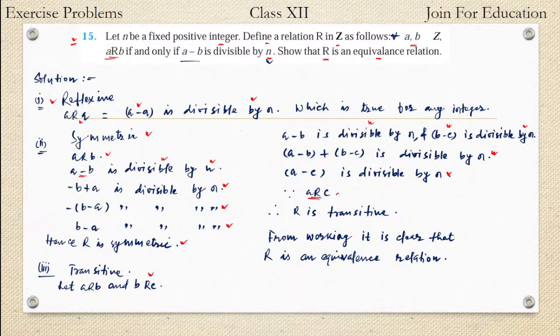Therefore a is related to c. So R is transitive. So the given relation is symmetric, reflexive and transitive. So R is an equivalence relation. After this, there is no problem to understand the explanation of the solution of question number 15.